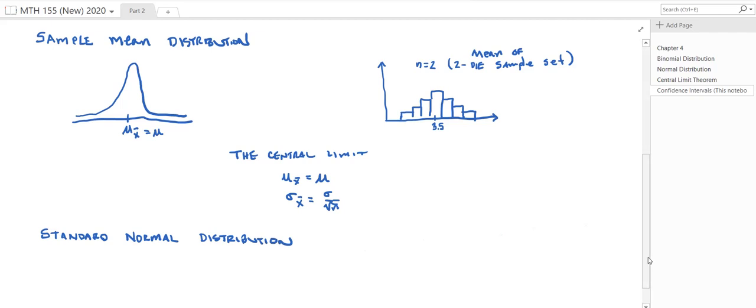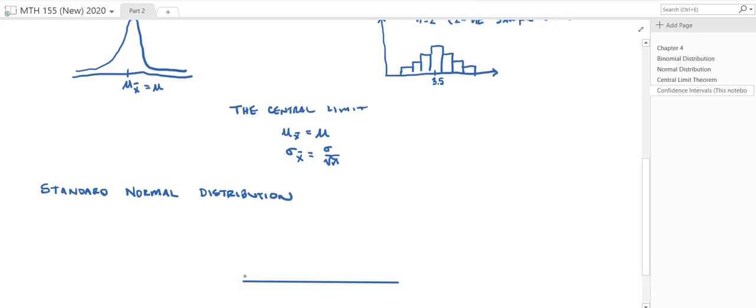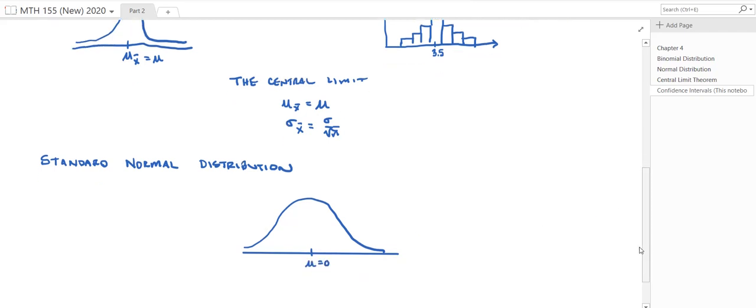So recall, with the standard normal distribution, let's try to be as neat as possible here. I have a bell-shaped distribution, or a mound-shaped distribution, but our mean in the standard normal distribution is equal to 0, and our standard deviation is equal to 1.